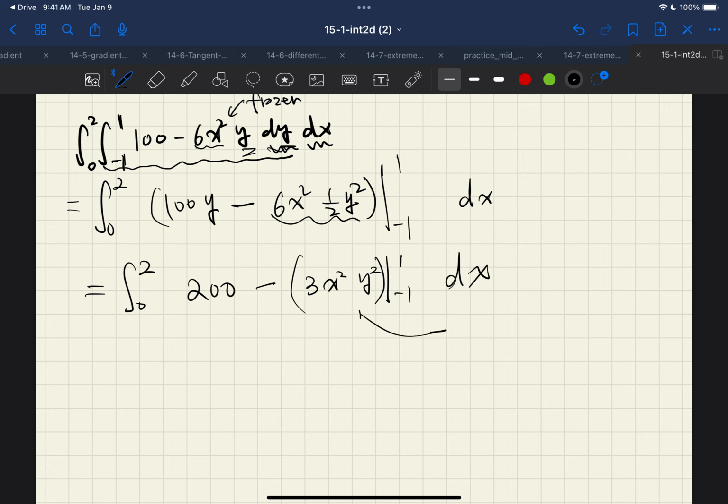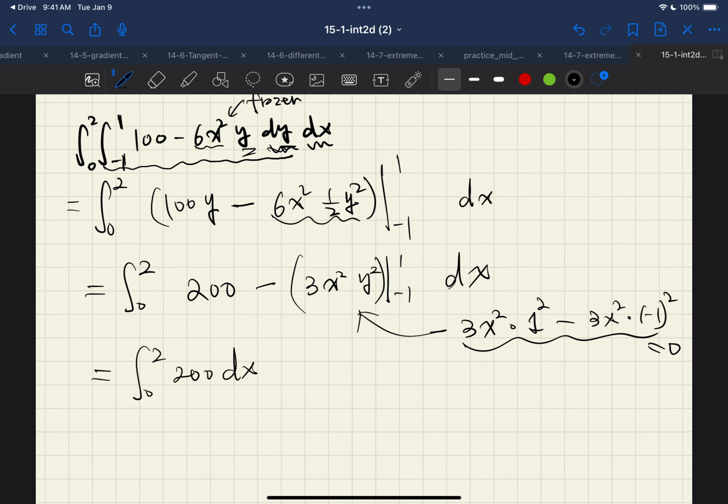And if you look at here, this is 3x squared, y is replaced with 1, and then -1. And this becomes 0, so 0 to 2 of 200 dx, and the antiderivative with respect to x, from 0 to 2, gives 400.